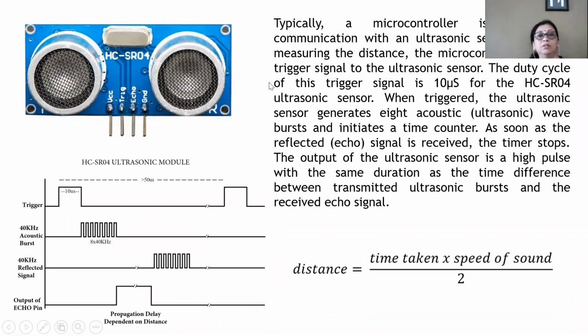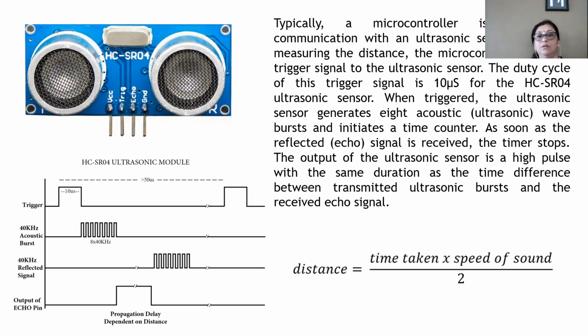Now this particular commercial device has a trigger signal duty cycle of 10 microseconds. This is interfaced to the microcontroller. A microcontroller generally sends the trigger signal to this ultrasonic sensor, and the duty cycle of this trigger signal is 10 microseconds. When triggered, the ultrasonic sensor generates the ultrasonic wave. After application of the trigger only, it is going to generate the ultrasound waves.